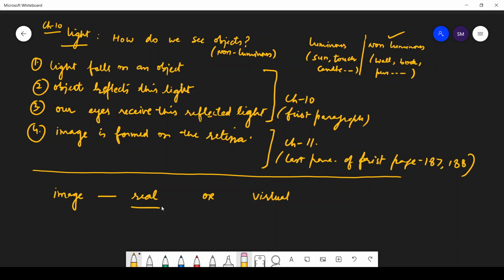So what is the difference between real image and virtual image? Real images can be taken on screen, but virtual images cannot be taken on screen. Okay, so that's the major difference between the two.